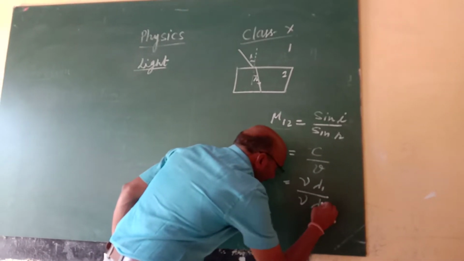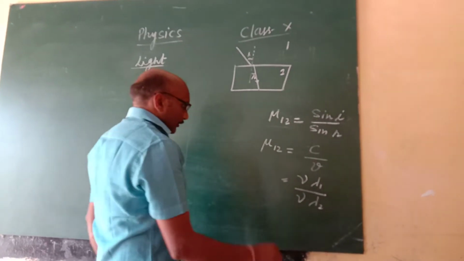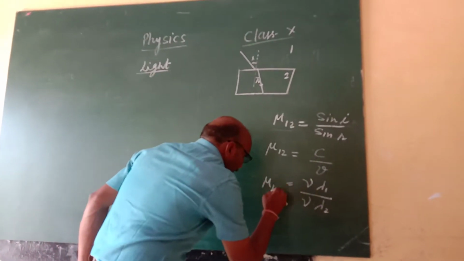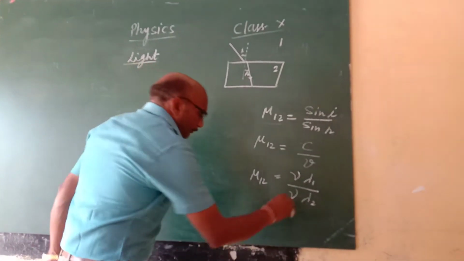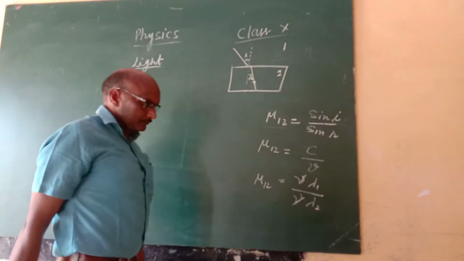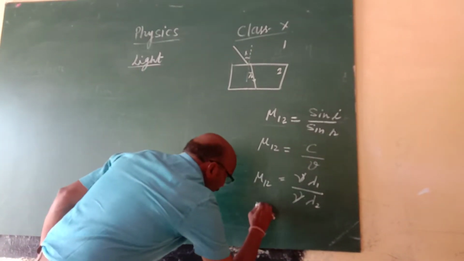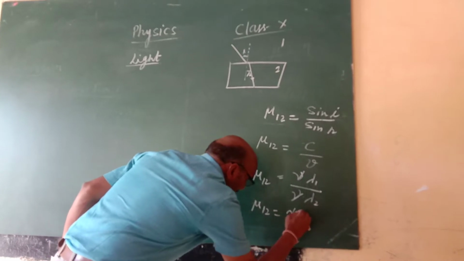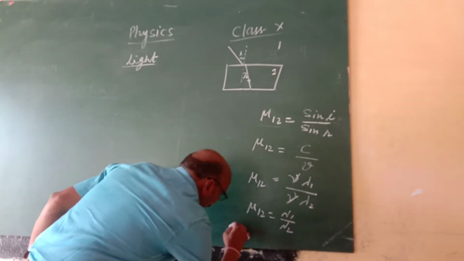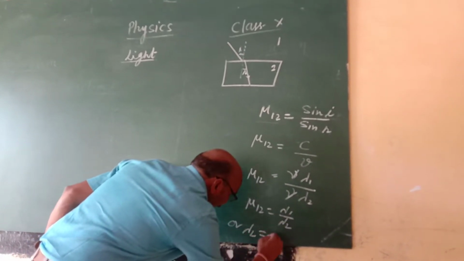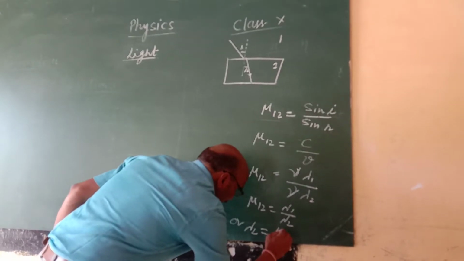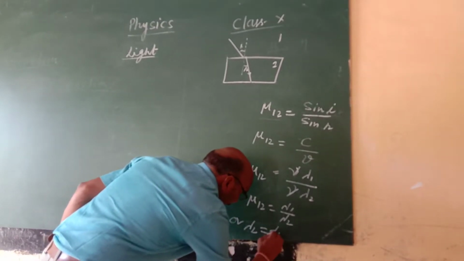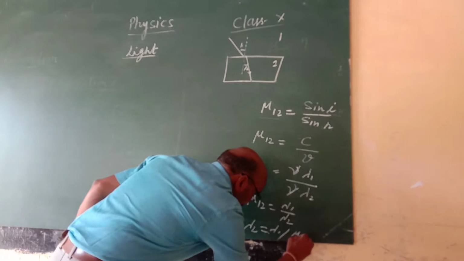This is lambda 1 and lambda 2. So this is mu 1 2. Both mu are cancelled. So mu 1 2 equals lambda 1 upon lambda 2, or lambda 2 equals lambda 1 upon mu 1 2.